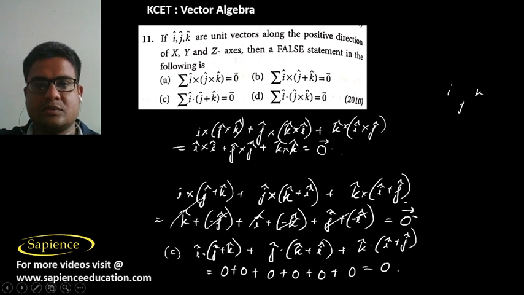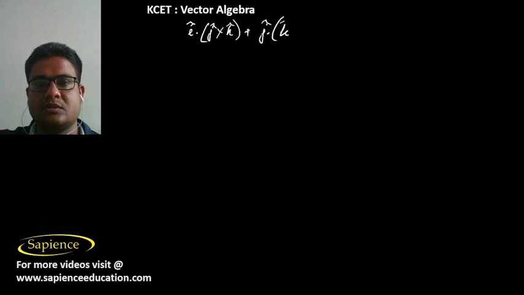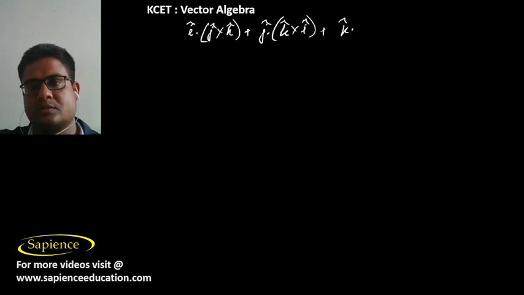Then in the fourth option, i dot j cross k. So i dot j cross k is j dot k cross i, which is k dot i cross j.